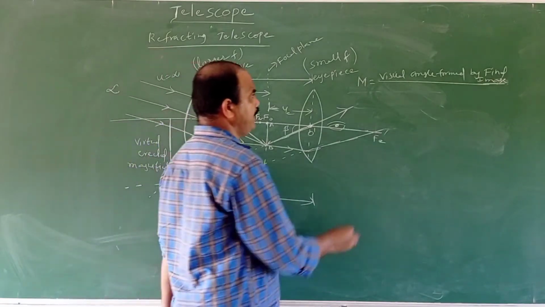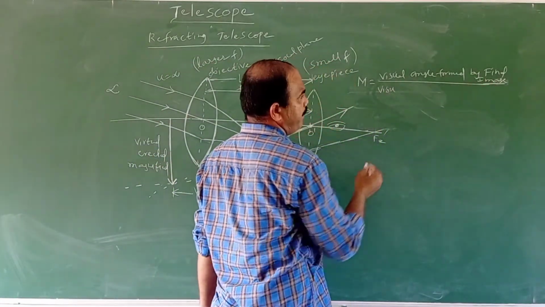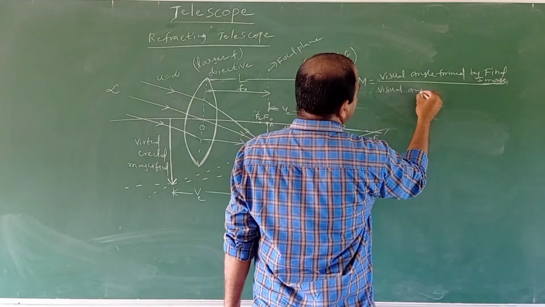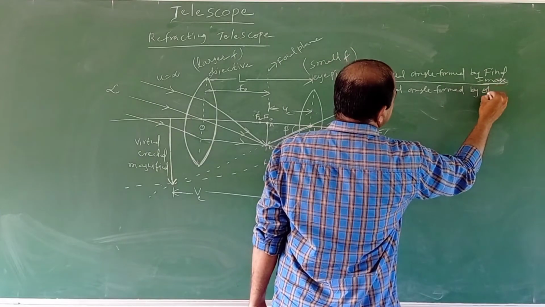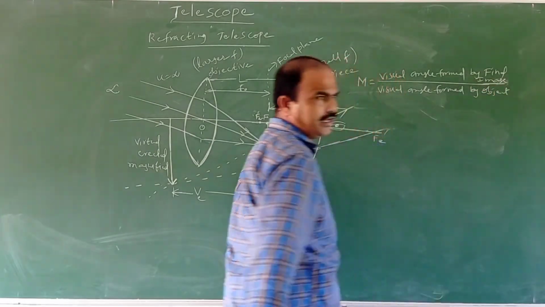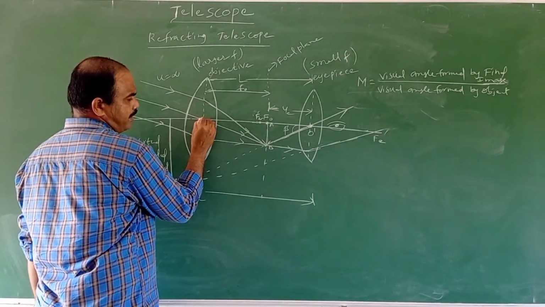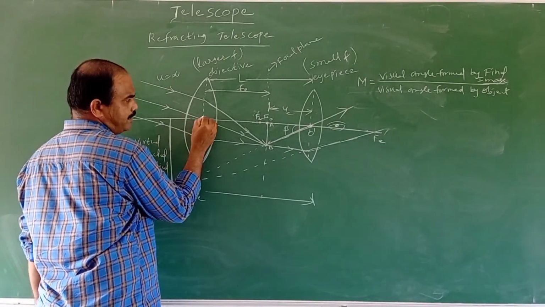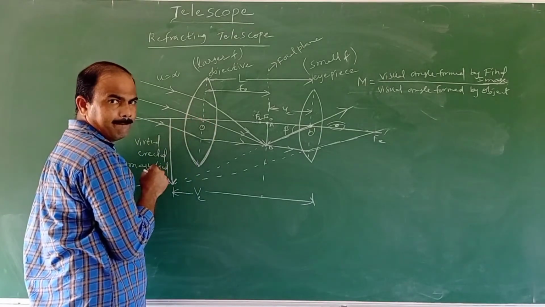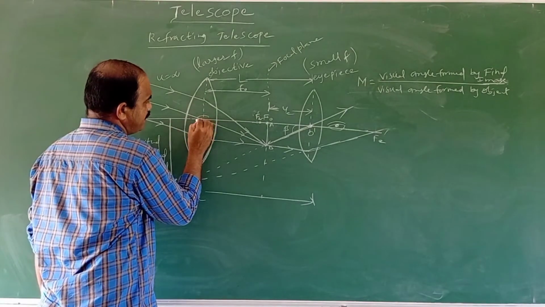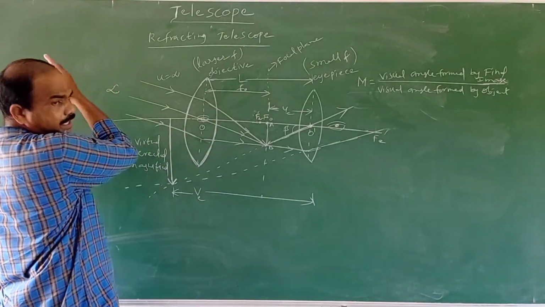And it is the ratio of the visual angle formed by the final image to the visual angle formed by the object. Now consider our eye to be kept at the optic center of the objective. The object is at infinity.